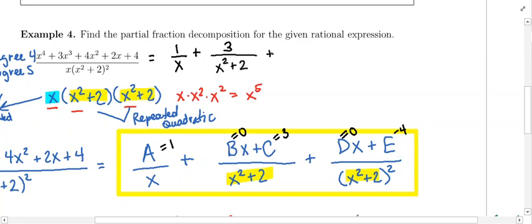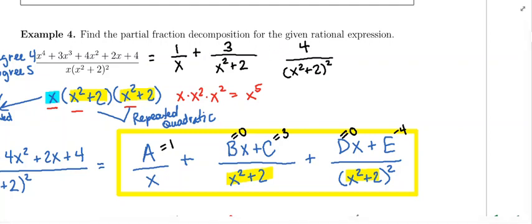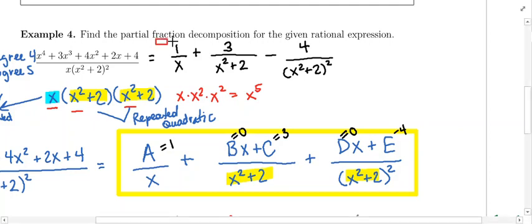And then the d is equal to 0, so the dx will go away. We still have the plus e, so that's going to be minus 4, over x squared plus 2 squared. This is the partial fraction decomposition. You can change the plus or minus into just subtraction, but this is the final answer.